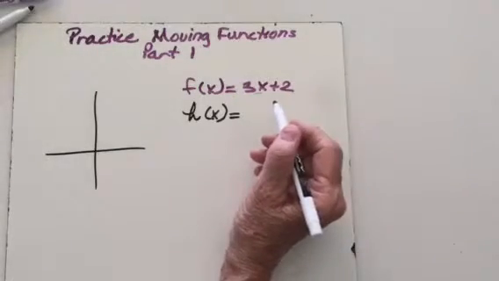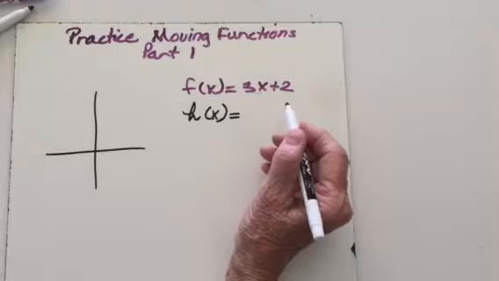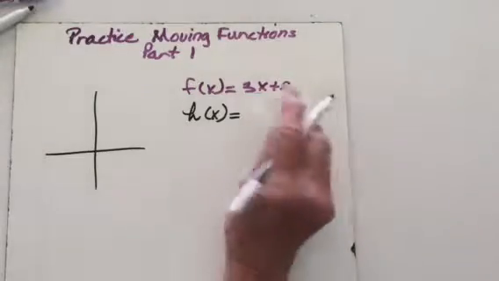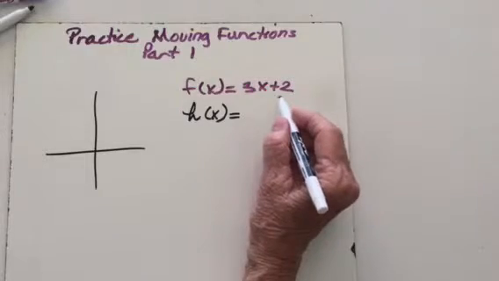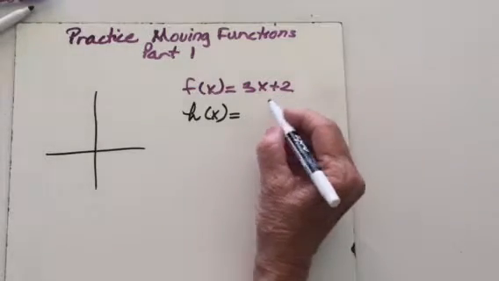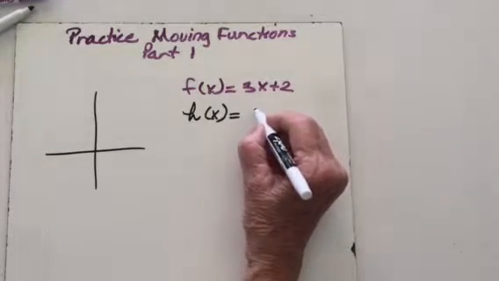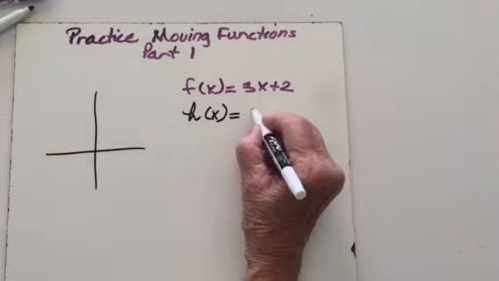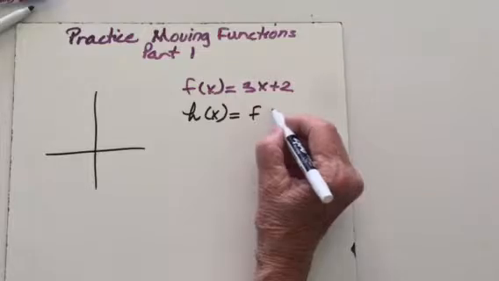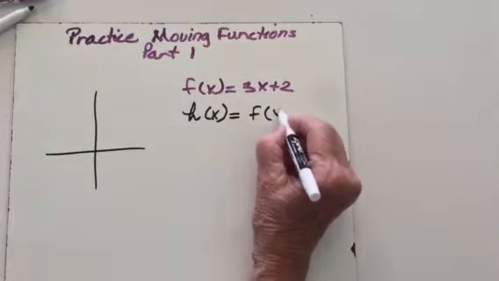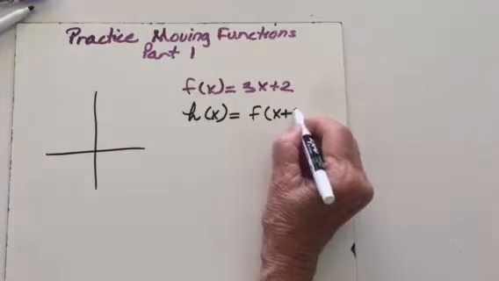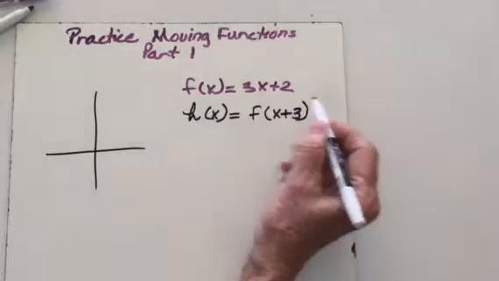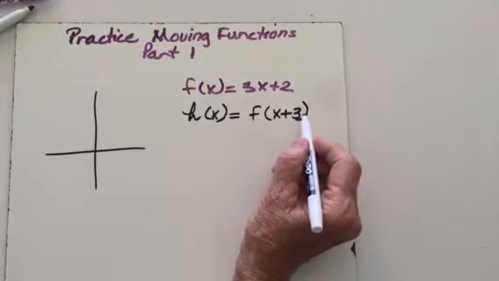I want to move this now so that I'm moving it left. Well, then I would have to say f of x, and if I want to move it left, I have to say plus 3. f of x plus 3.